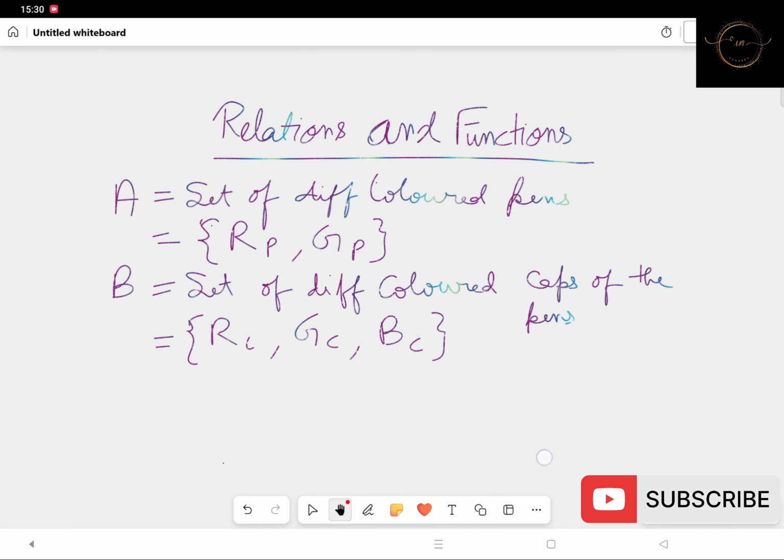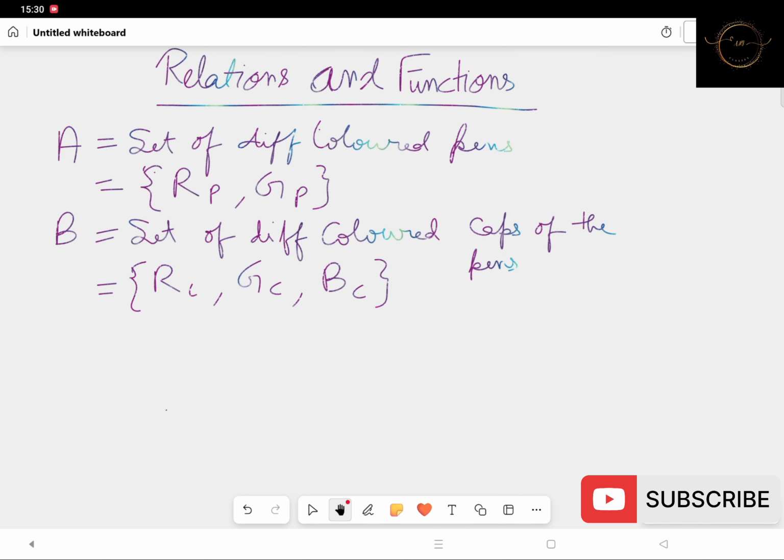Just to find out how many combinations can be made between the different colored pens and the different colored caps of the pens. How many combinations can be made? Now for one pen at a time only one cap can be used. You can't use more than one cap. So what will be the combination in this case?